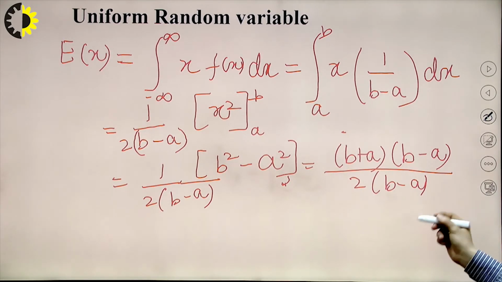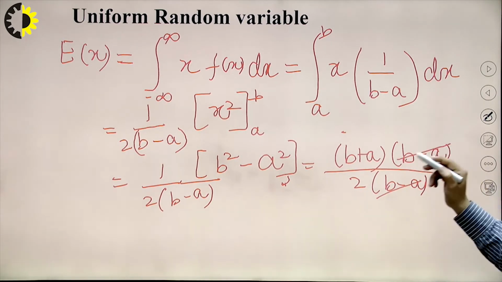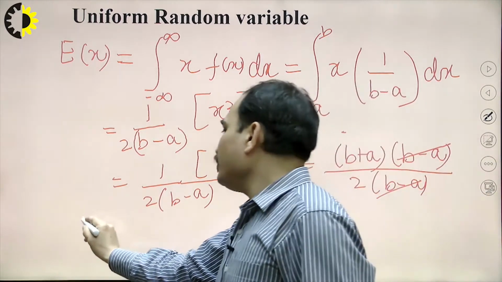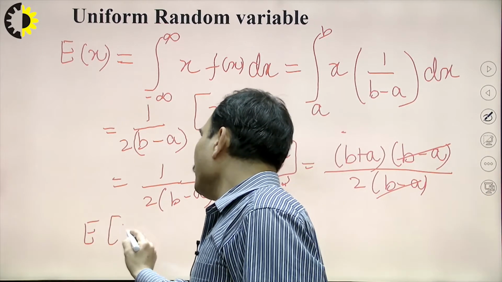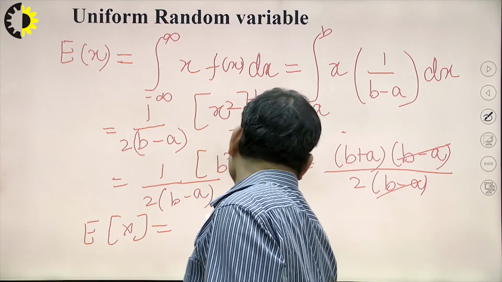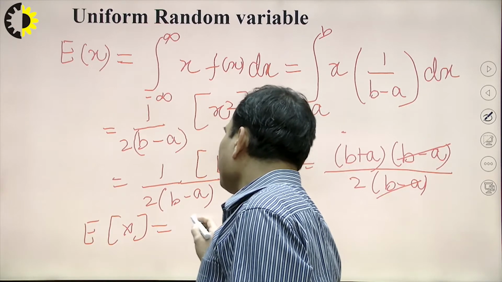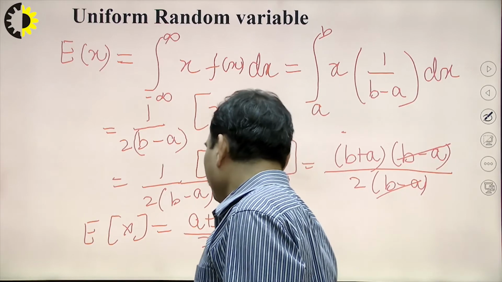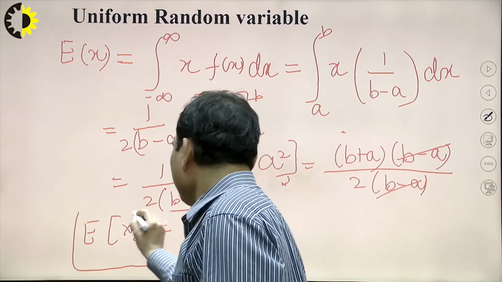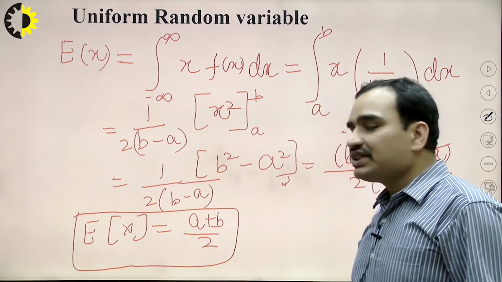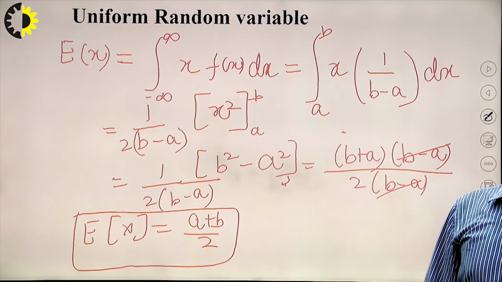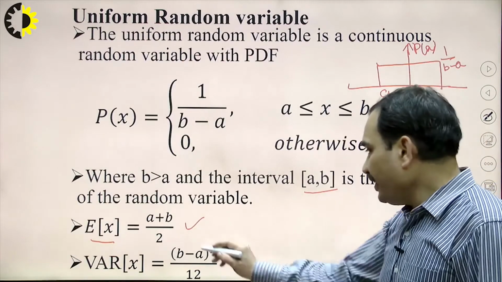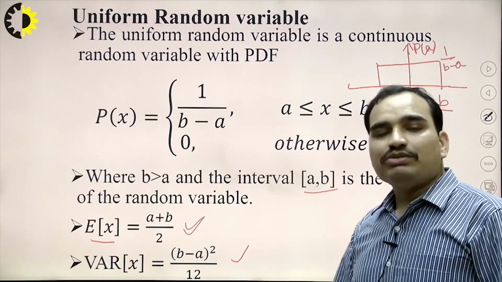So, b minus a and b minus a will cancel out, and what is left is the expected value for the uniform random variable x, given by a plus b, or b plus a, whatever you want, you can write (a plus b) by 2. So, we have proved that the mean of the uniform random variable is given by (a plus b) by 2, as you can verify here.